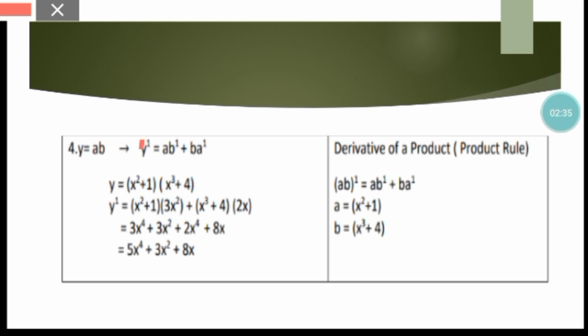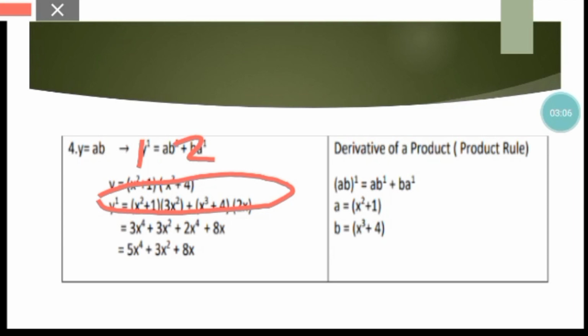Copy the first term, x squared plus 1, then find the derivative of the second term, 3x squared. Plus, copy the second term, x cubed plus 4, then find the derivative of the first term, 2x. Then simplify: 3x to the fourth power plus 3x squared plus 2x to the fourth power plus 8x.